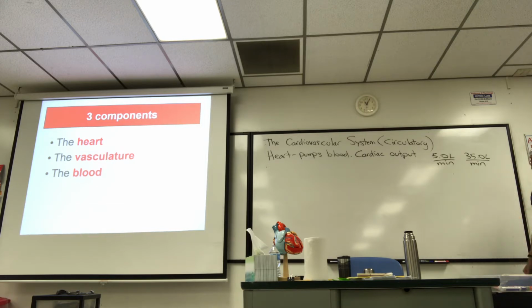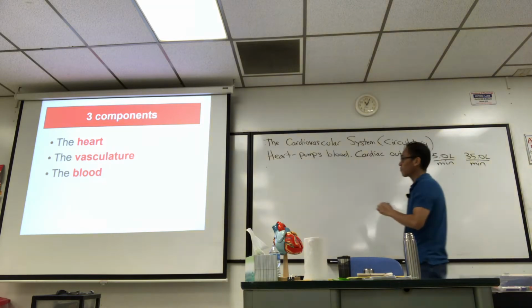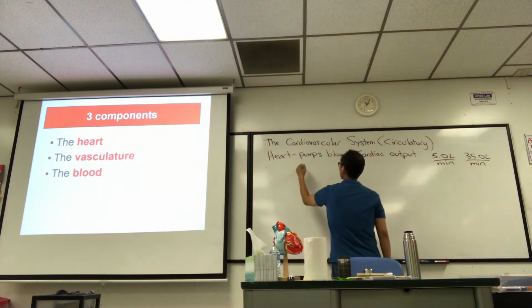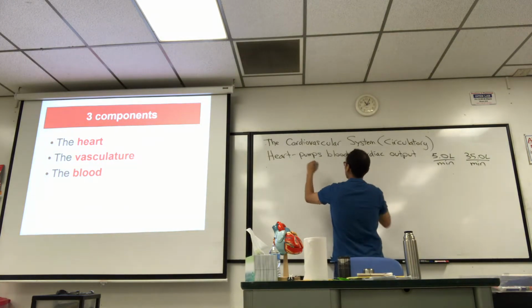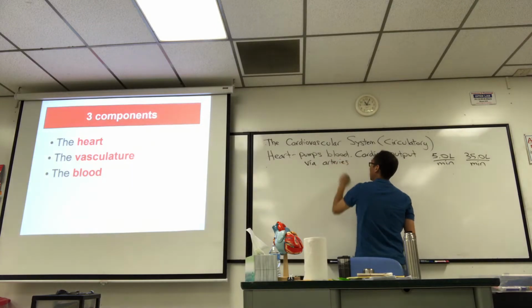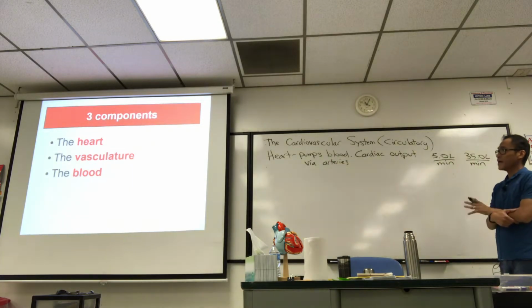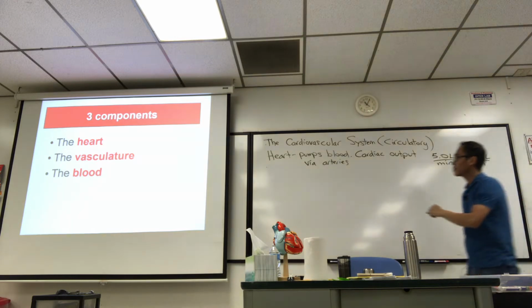But like I said, if the heart must pump blood, it must first receive blood from the veins. So it pumps blood, that's via arteries. But then veins return blood to the heart.